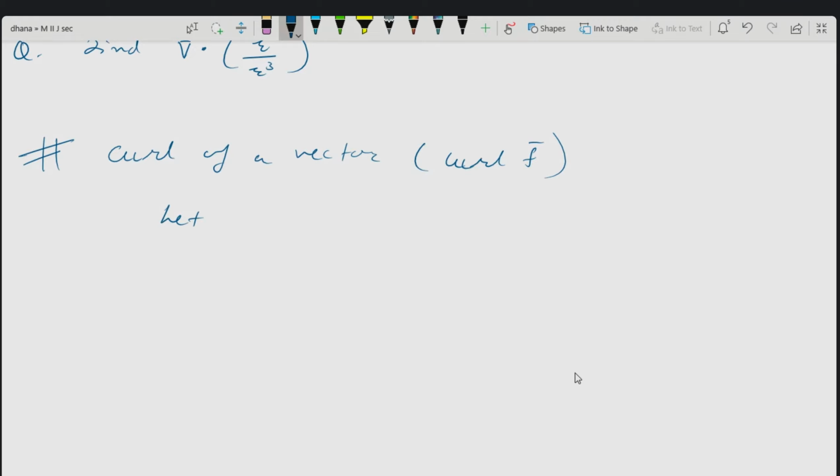Here also, since you are applying some definition on a vector function, let us take a vector here. So let f bar be any continuously differentiable vector point function.